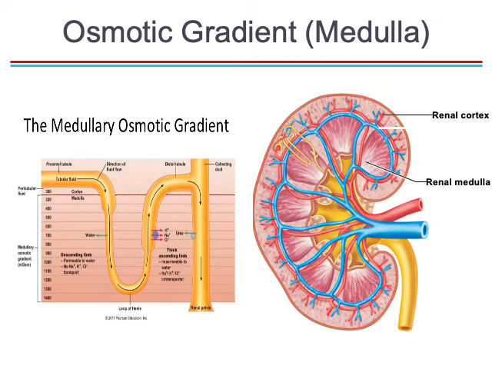The numbers on the left are in milliosmoles, reflecting the osmolarity. The higher the number, the more salts. And when I'm talking about salts, yes, I'm talking about sodium and chloride, but I'm also talking about other salts, potassium, and a chemical you don't think about as a salt, urea.